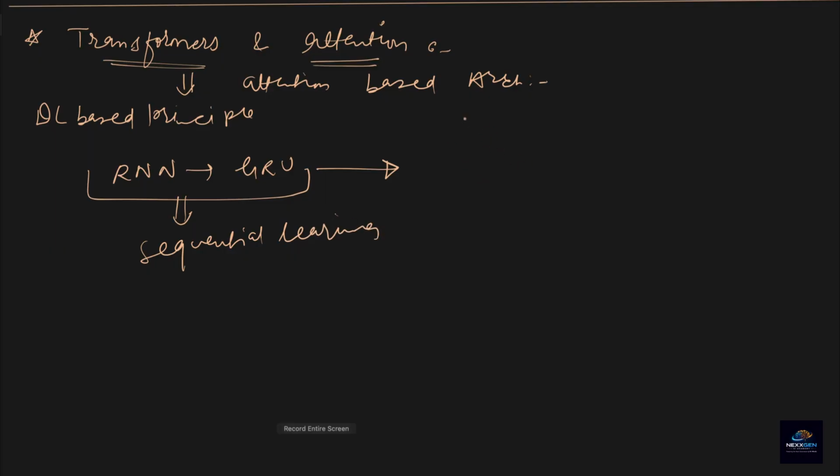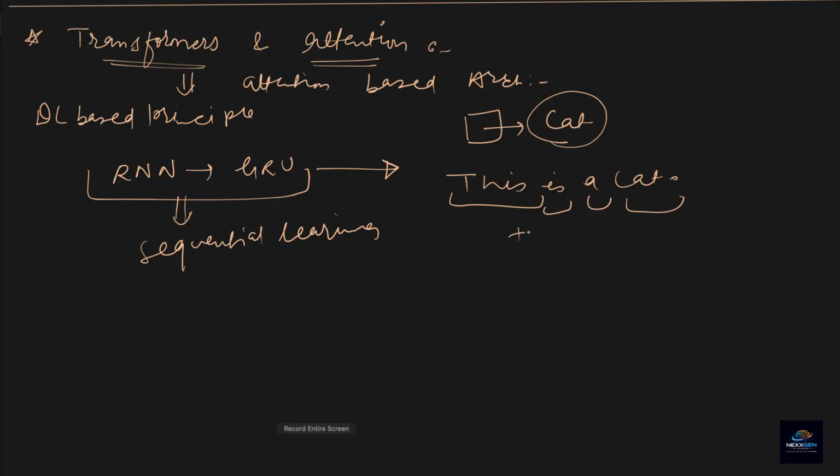Earlier, the model was able to understand a single word, let's say cat. But in RNNs, which are recurrent neural networks, or GRUs, if I give this is a cat, the model was able to sequentially learn this, then is, then a, then cat in the form of tokens. So the model was able to understand.